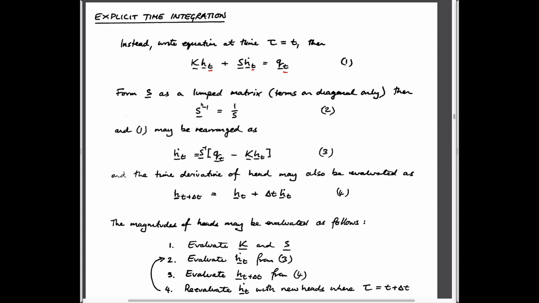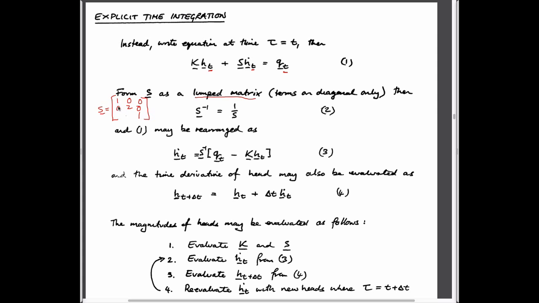We choose to use a lumped matrix. In our previous case, the storage matrix we used before was equal to 1, 2, and 1, with zeros on it.